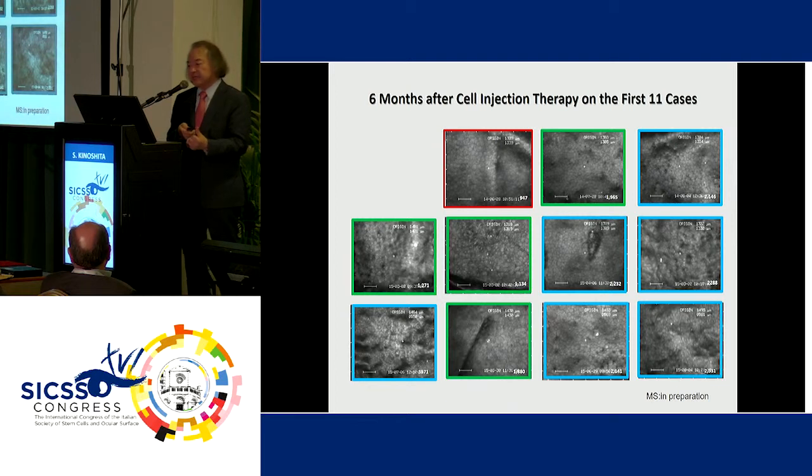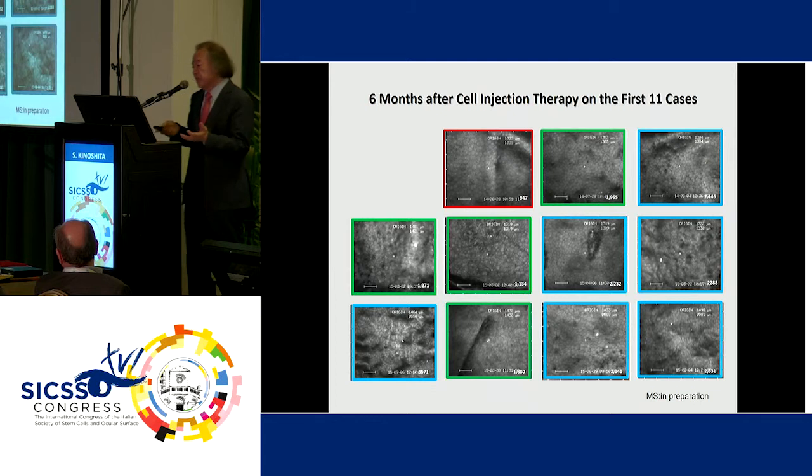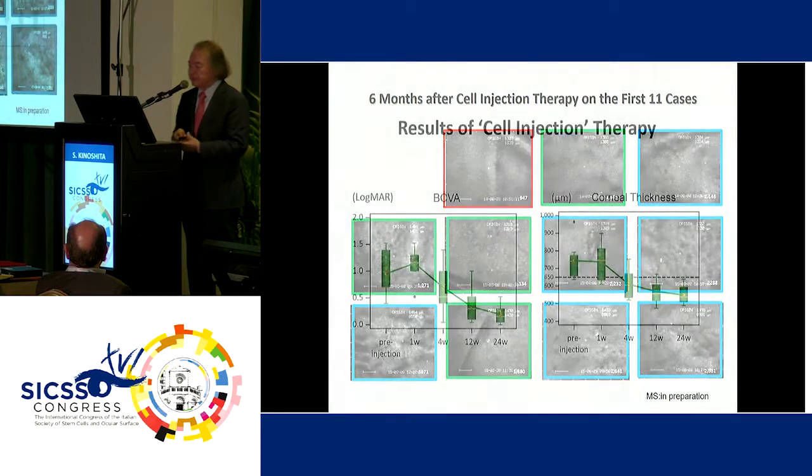In the first case at 6 months, we only got 947 cells per square millimeter, but the other 10 cases show either over 2,000 or over 10,000 cells per square millimeter. The data is almost comparable or maybe a bit better than DSAEK or DMEK procedures.